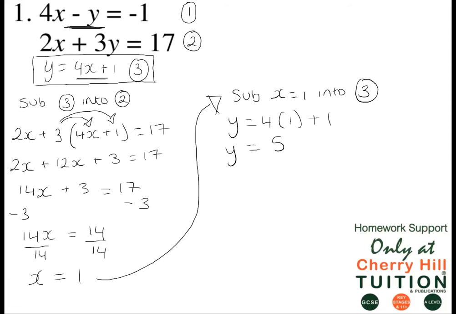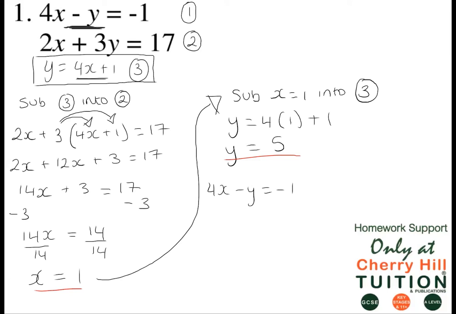Now, something that an A-star student would do, or a level 9 student would do, is plug these values back into the original equations to check if your answer is correct. So I'll show you how to do this now. So 4x minus y is equal to minus 1. Now, if we substitute x is equal to 1 and y is equal to 5 into this, we should get the same answer on both sides.